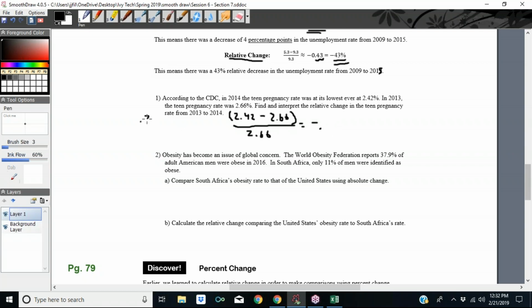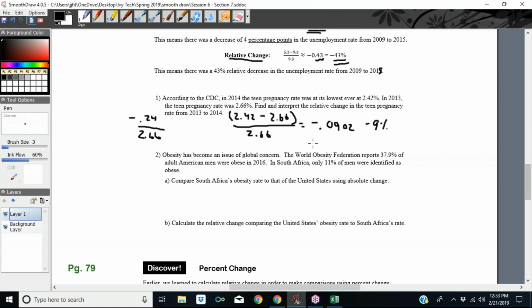Yep, so we got negative 0.24 over 2.66. Then we have to divide that, and we get negative 9%.